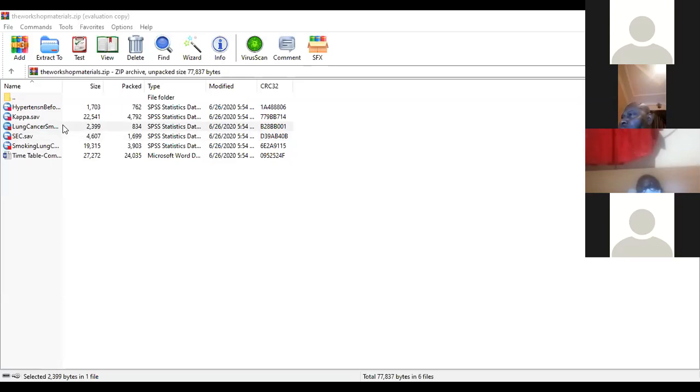I want us to illustrate. Sometimes if you are just talking, I don't like talking too much mathematics unless there's something you can see to explain. That's great. So yes, click on the smoking lung cancer.